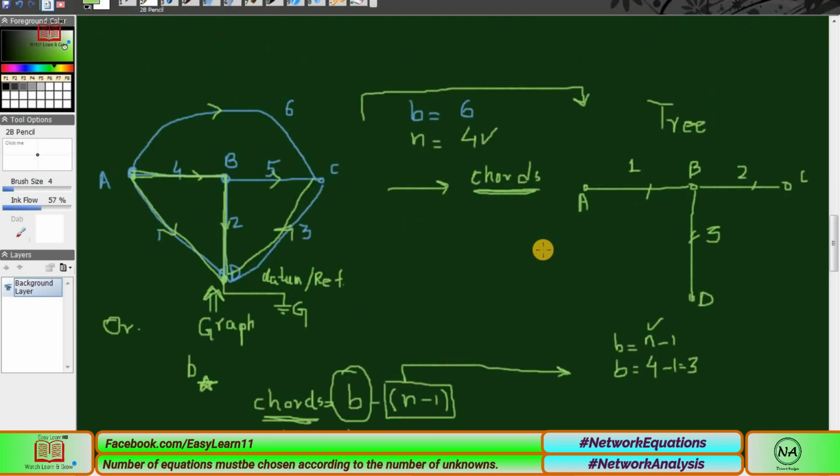Remember that whenever we are counting the codes, there must be a tree. Without a tree, we are not able to calculate the codes, because the codes come into existence after the tree. Actually the codes are the hidden lines that we just skipped when we are tracing the graph and making it a tree.